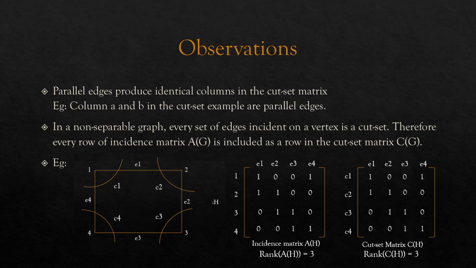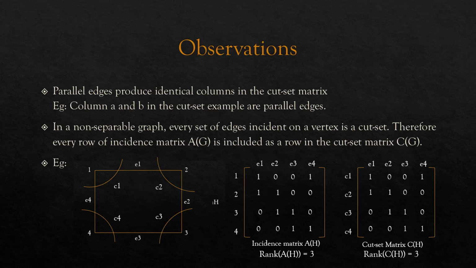Here you can see a very simple connected graph, which is a rectangle, and this is the incidence matrix, like we have learned previously to draw, with the vertices and the edges, and this is the cut set matrix. You can see that they're identical, because this property gives us the fact that they'll be identical.